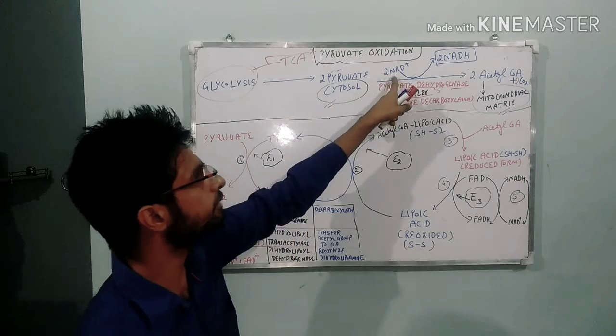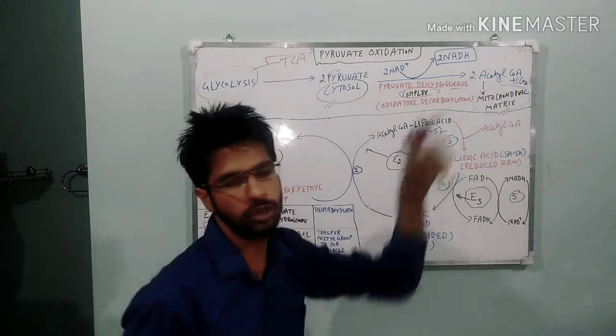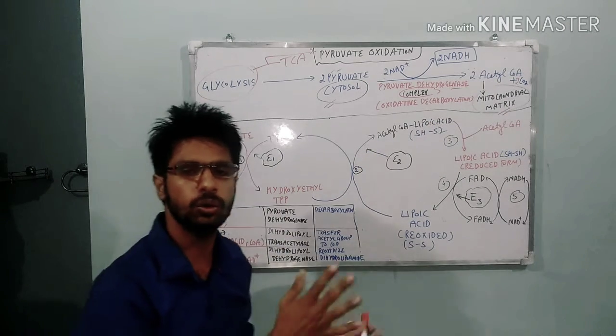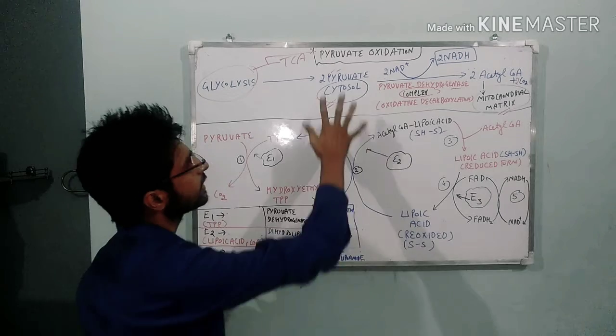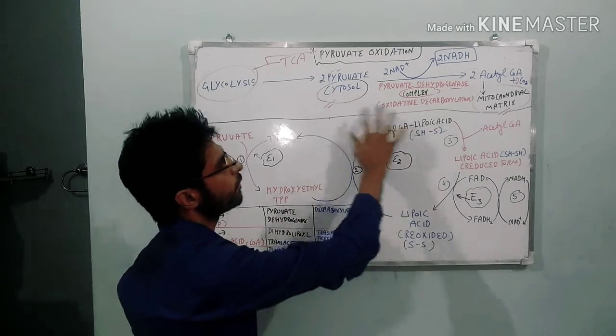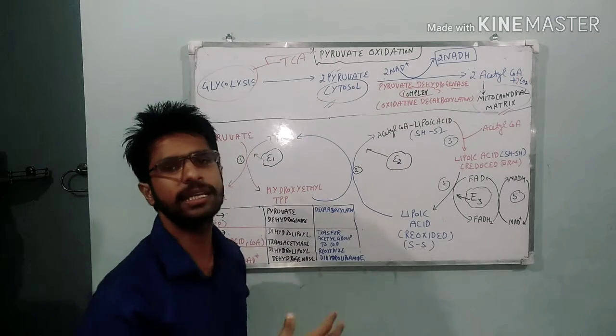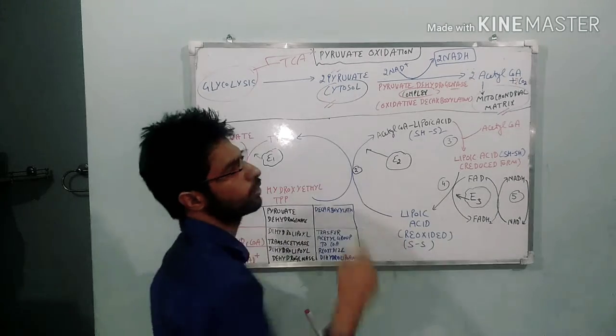So here only one NAD, one NADH, one molecule of CO2, and one molecule of acetyl coenzyme A you get. They are also right because they are taking one pyruvate molecule, and as we know the final product is two pyruvate. That's why I'm taking the complete one, not trying to make any confusion.